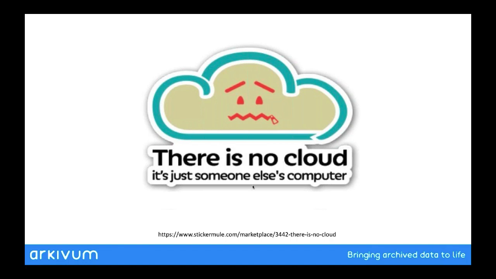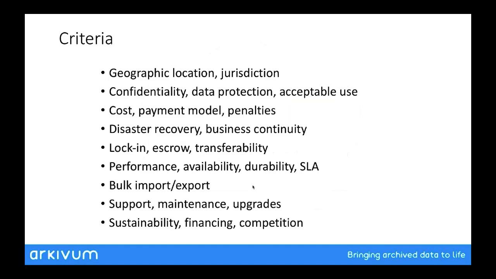So cloud isn't a magic solution, and all those storage criteria and guidelines and good practice still apply. It's just that the balance between the criteria can change. So there may be more emphasis when you're looking at cloud storage on things like what's the service level agreement, what's the exit strategy, what are the conditions of use. And I'll cover that a bit more later.